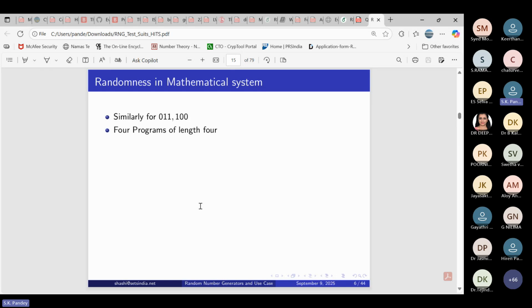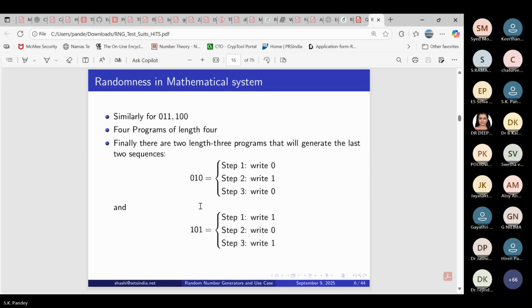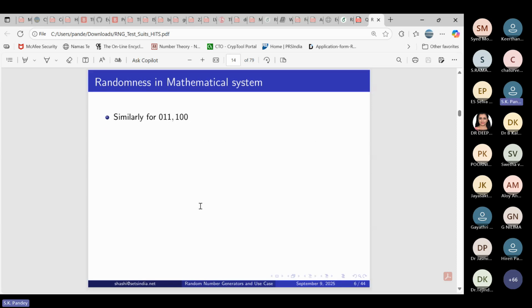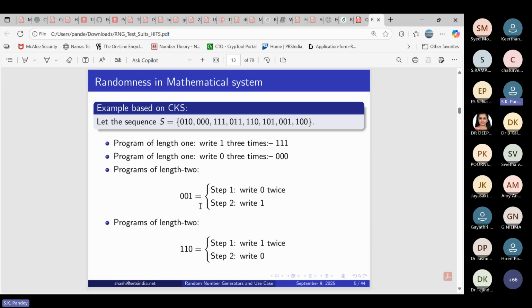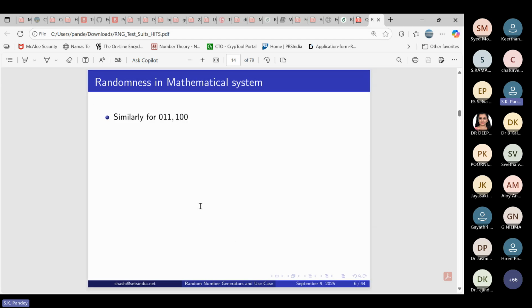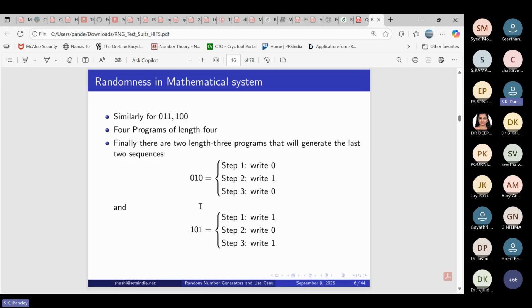So if we go to the statistics that how much the length of the program to write those sequence, then here 4 programs of length 2. Now, ultimately for 6 binaries, we have achieved. 4 is here, 2 is here, 6 are completed. The remaining is 2 sequence, which is 010 and 101.